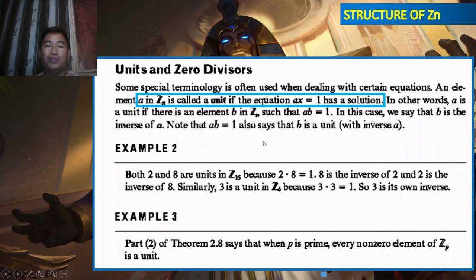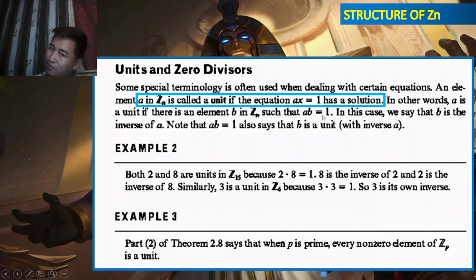Kung unit ang A, unit po dapat si B. And then si B class, inverse po siya ni A. Si A inverse ni B, si B inverse ni A.